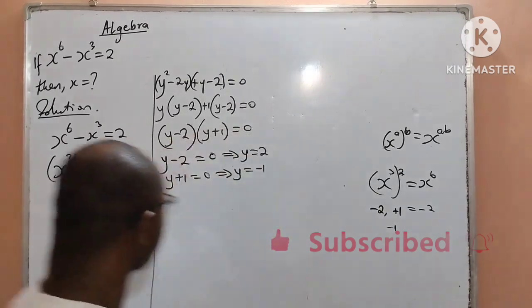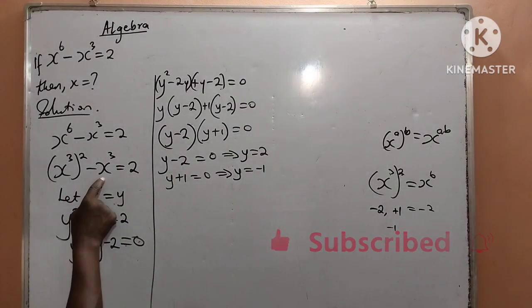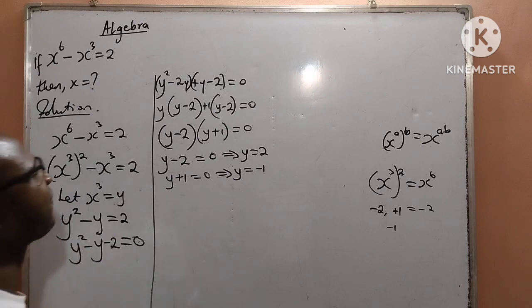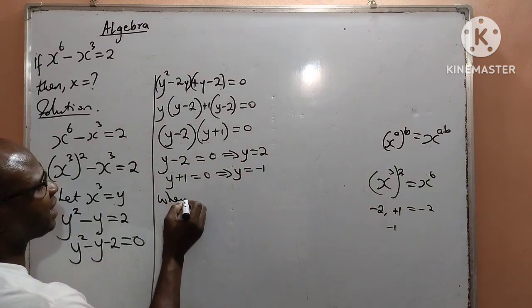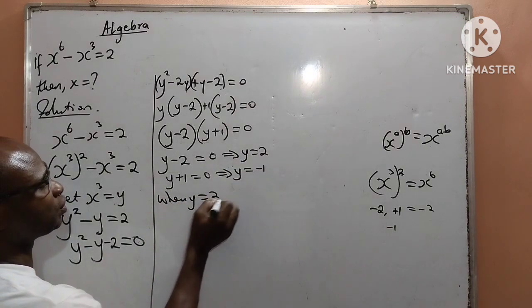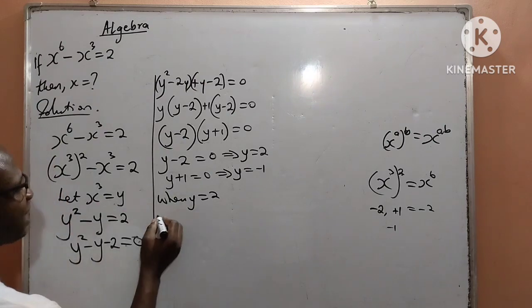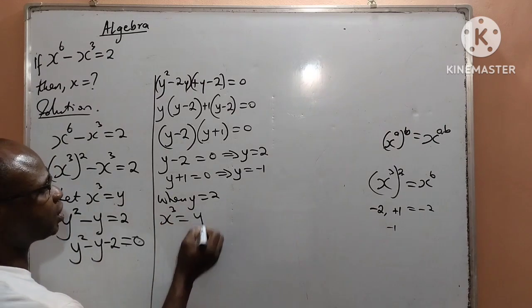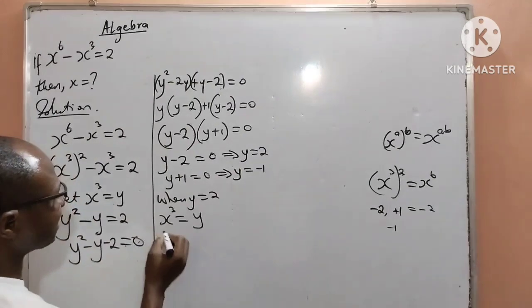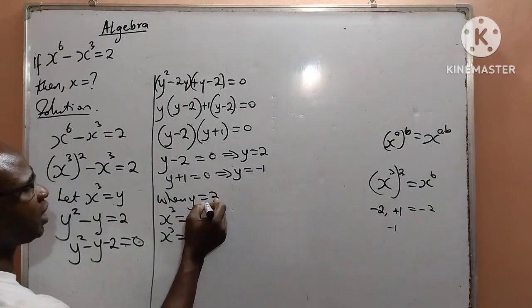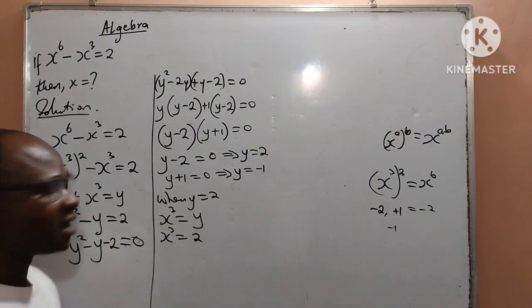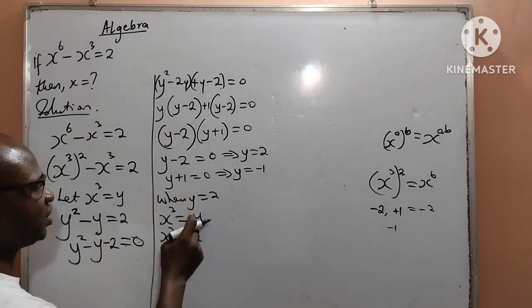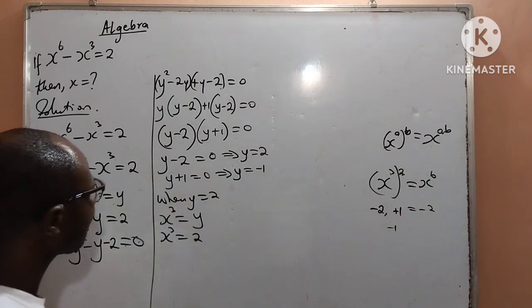But then, I said here, let x raised to the power 3 equal y. Therefore, when my y is equal to positive 2, remember that x raised to the power 3 is equal to y. This implies that x raised to the power 3 is equal to 2, because my y here is equal to 2.